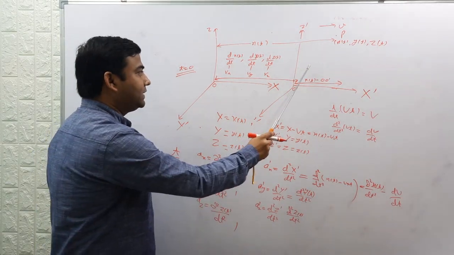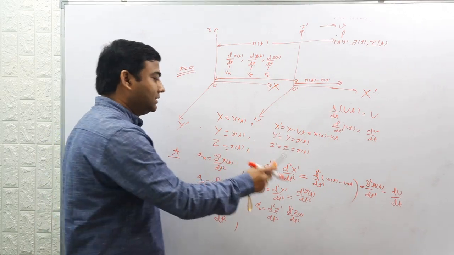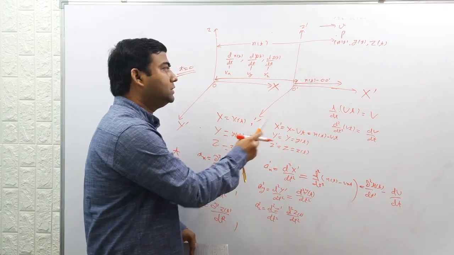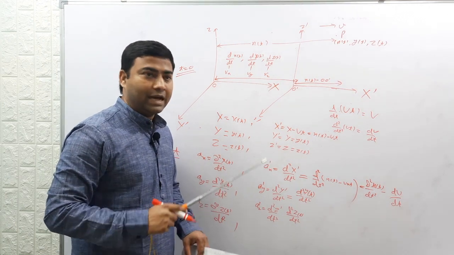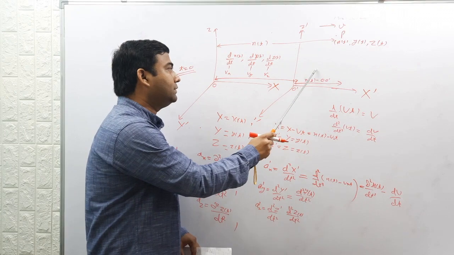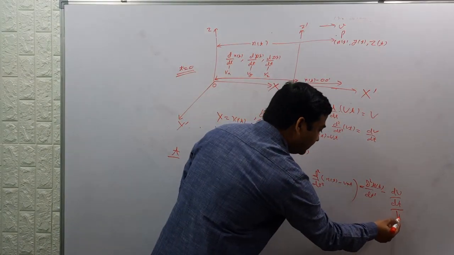So we know this frame is moving with constant velocity. Hence dv over dt, which is the acceleration of this new frame, is 0 because it is moving with constant velocity. So this dv over dt will be 0.